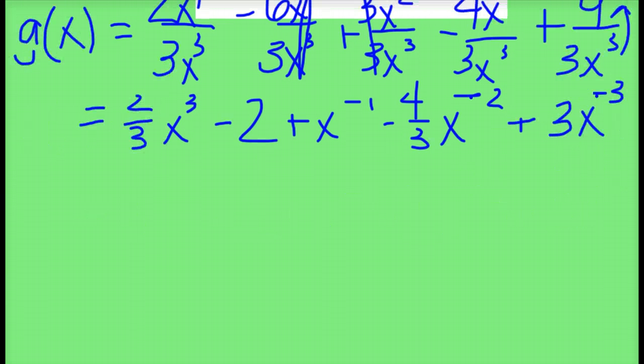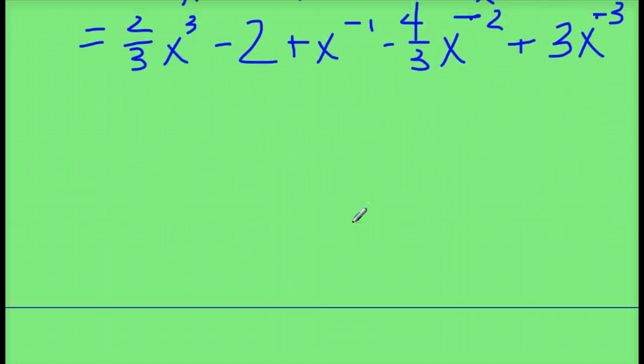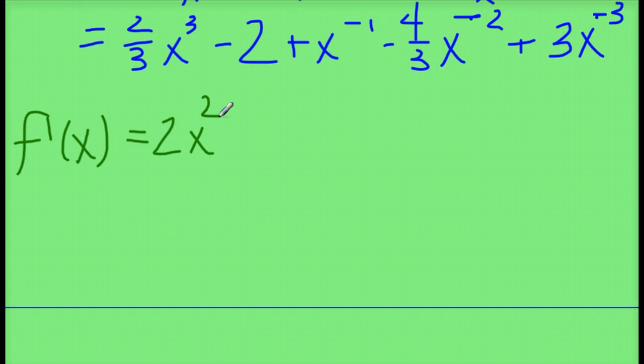So let me scroll down so that we can make room for this. To take my derivative, I'm going to get f prime of x is equal to 2/3 times 3. My denominator cancels and I get 2x to the 3 minus 1 is 2. This is a constant, so the derivative of every constant is 0.